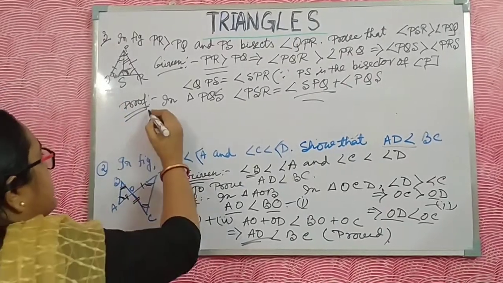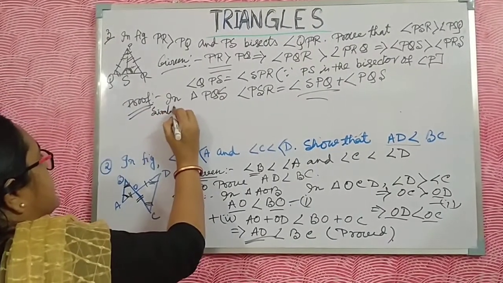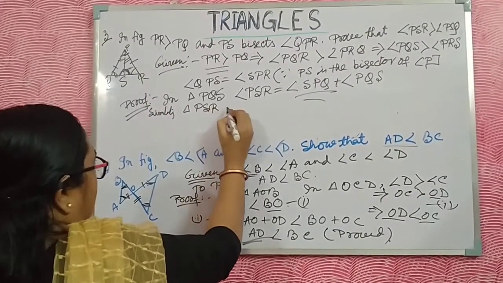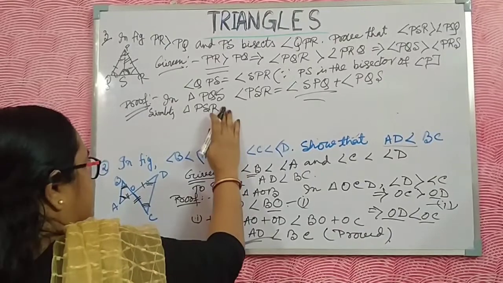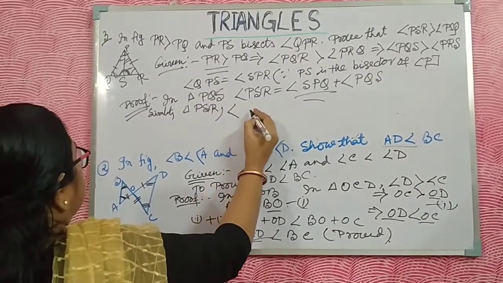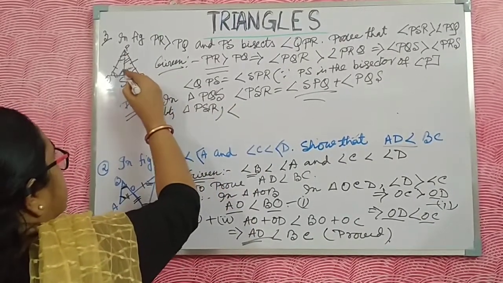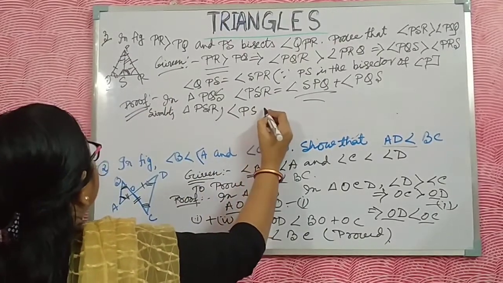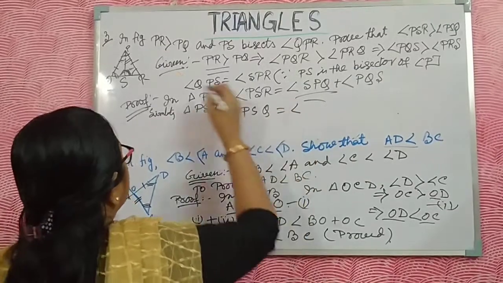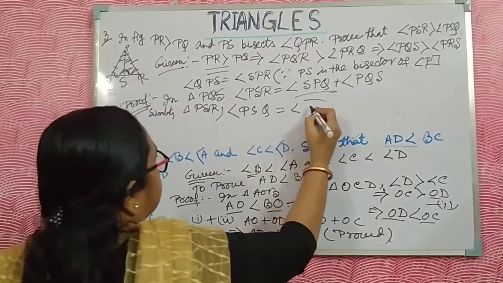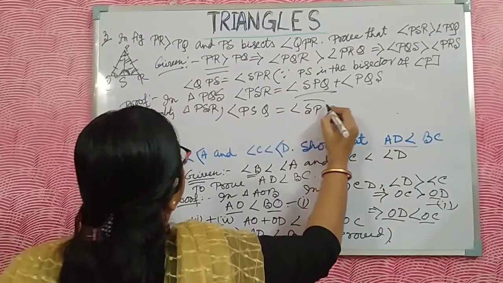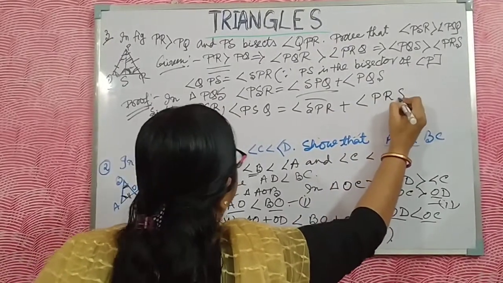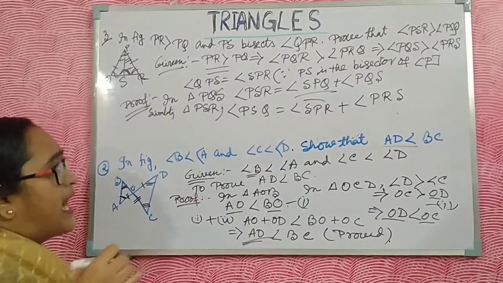And similarly I can write in the triangle PSR. The exterior angle is this one. This is PSQ, which must be equal to the opposite interior angles, this is SPR plus angle PRS.